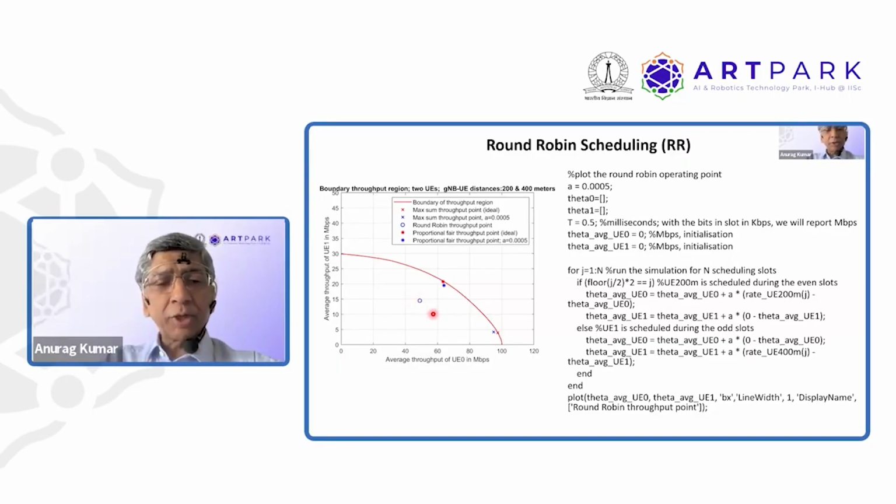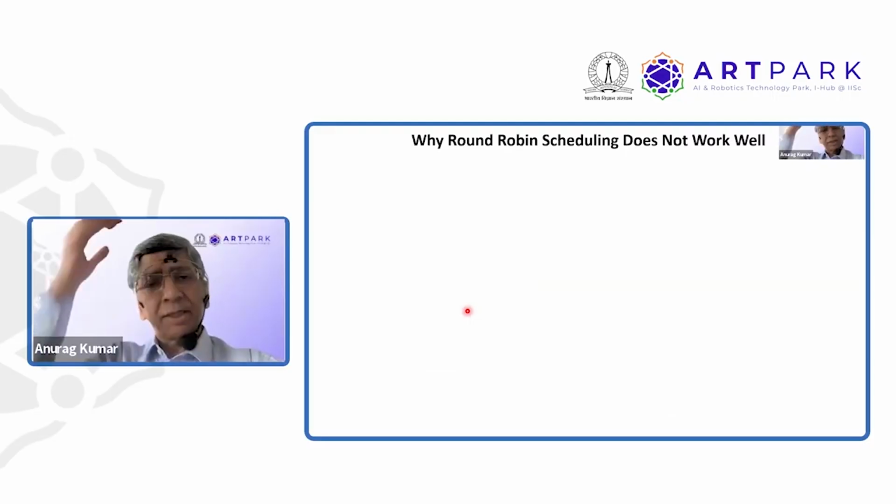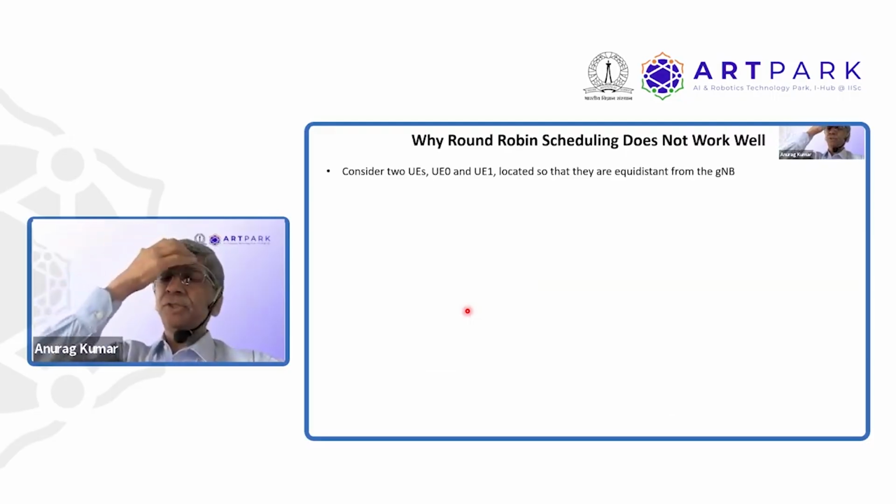Let us see why we get this point, whereas we got points near the boundary for the other cases. This is very basic stuff, but you'll see emerging from this simple example the essence of why round robin doesn't work well.